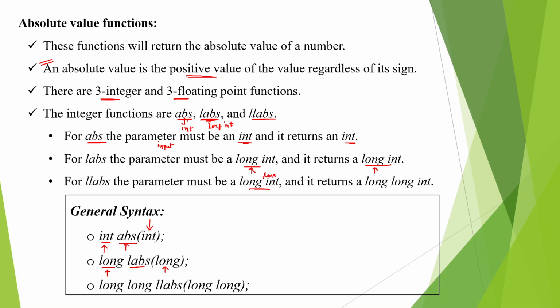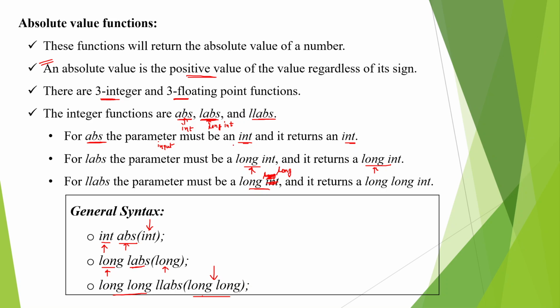The syntax you can check, the general syntax. The parameter will be long long int only, and the return value long long it will return. There is a mistake in this one.